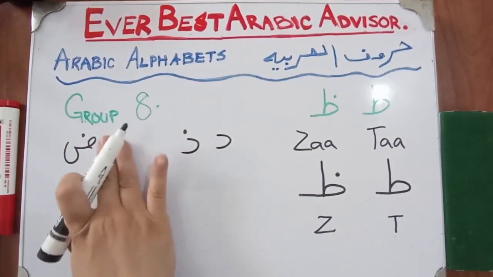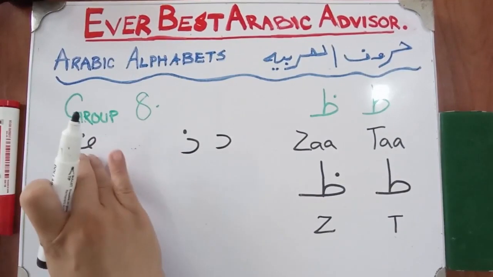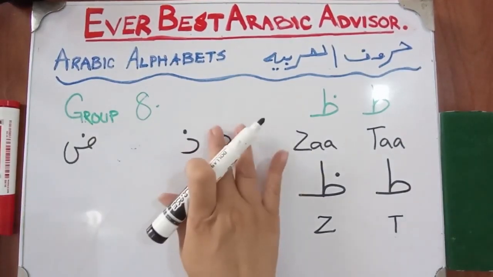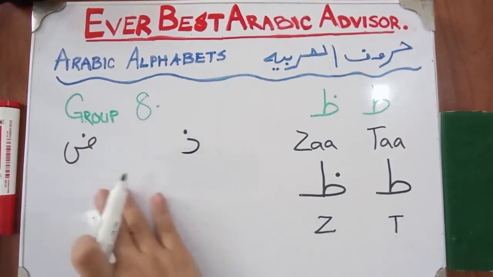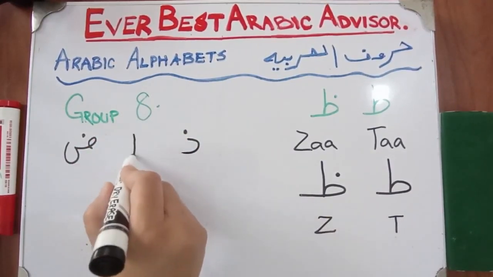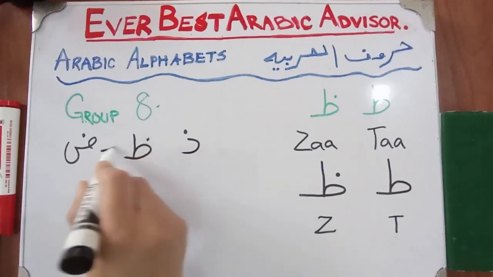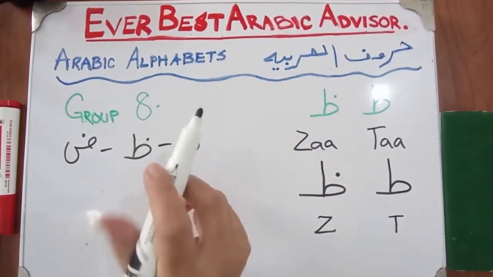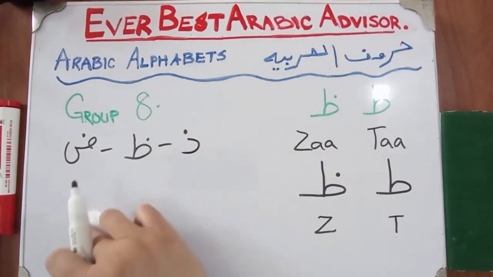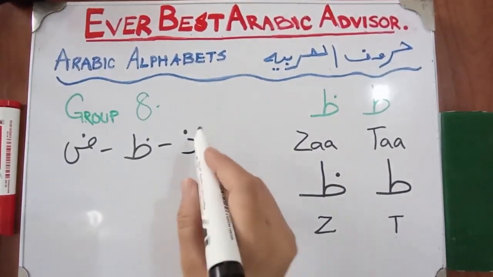Now the letter Zod, this one, and the letter Zal, this one, these two letters resemble the letter Zo. These three letters are very similar in Arabic. It is important to understand the difference.